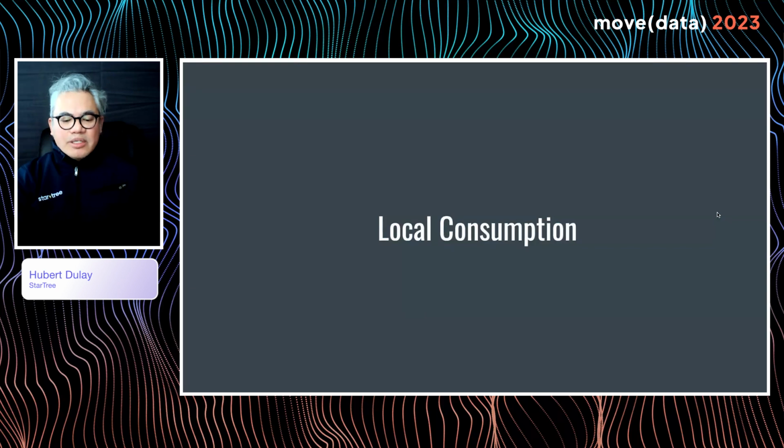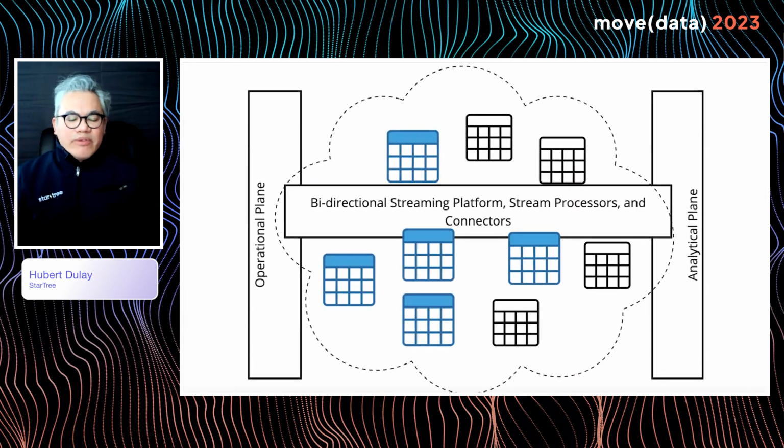What this allows is that in every continent or every region, your data is being consumed locally. Imagine a cloud of tables inside your streaming plane that allows you to consume data from anywhere in the globe, always streaming in real time. But you're consuming this data locally, not remotely from a remote database.